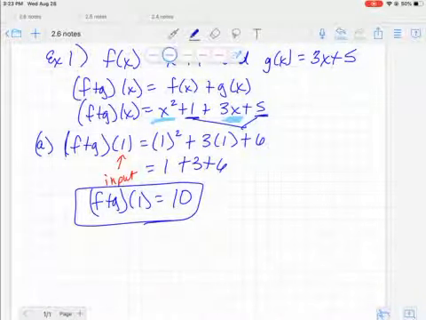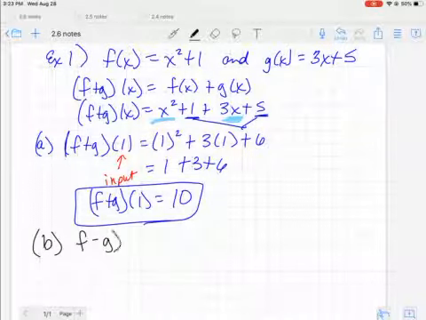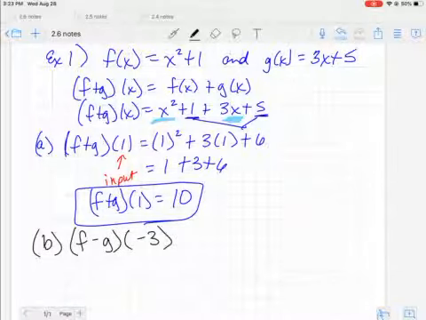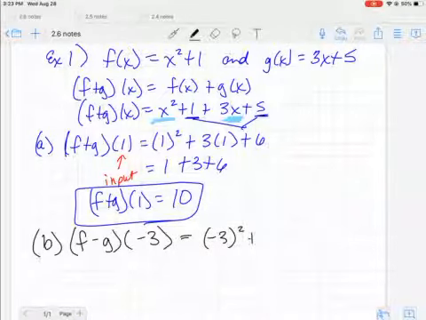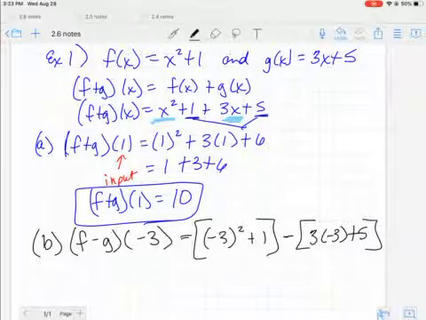Now, whenever you do subtraction, so if I do (f minus g)(negative 3), my f of x function, I plug in negative 3 squared plus 1, because this is my f of x function, right? I am subtracting that off my g of x function. Remember what we said? 98% of success in mathematics is organization.